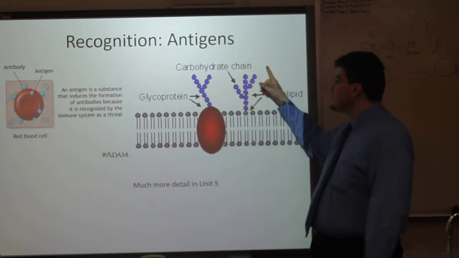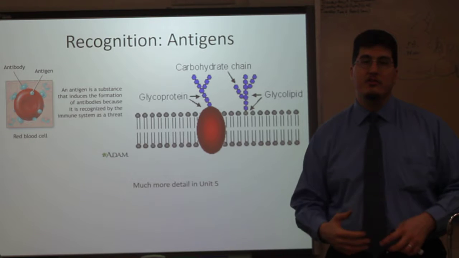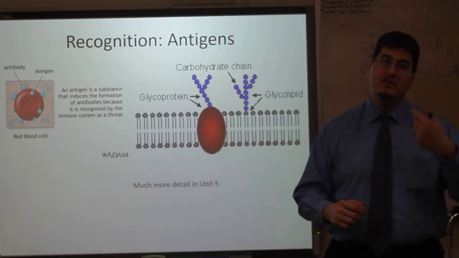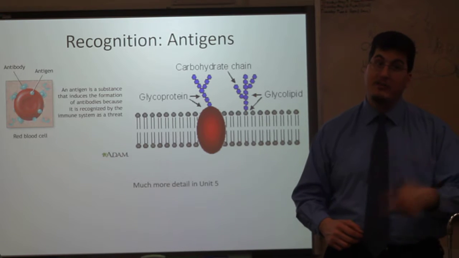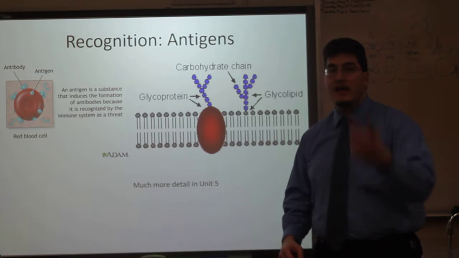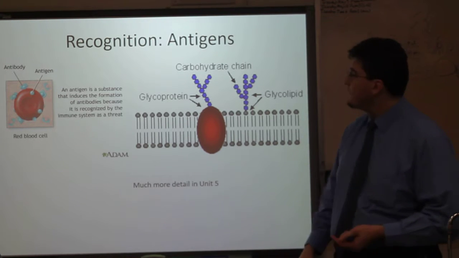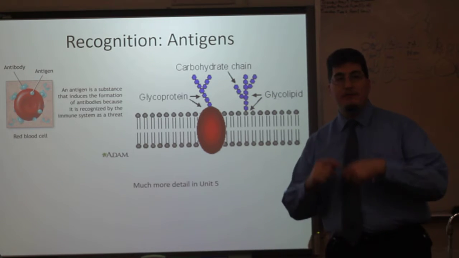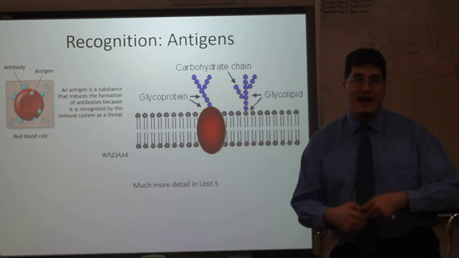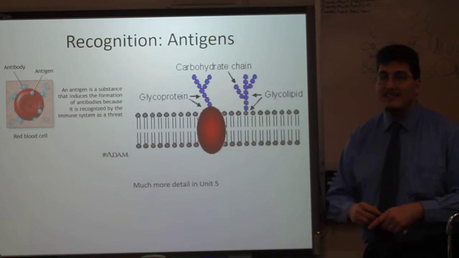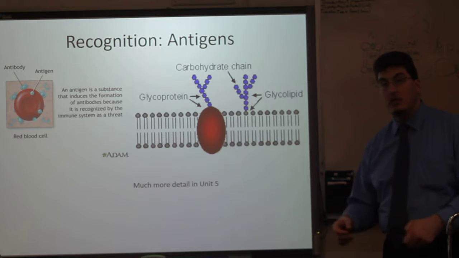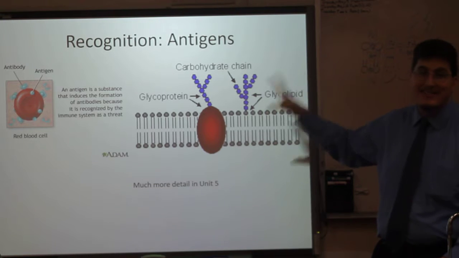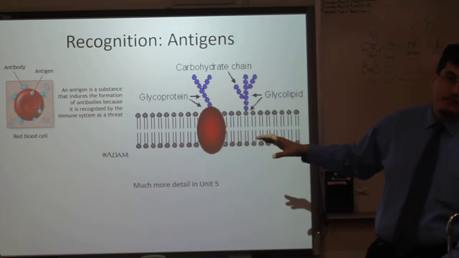You'll have your carbohydrate chains, which are glycogen chains, which are alpha-1,4 glycosidic bonded chains of carbohydrates, glucose, alpha glucose, with alpha-1,6 branches. These branches are in specific branching patterns of specific sizes and shapes. These specific sizes and shapes are going to be recognizable. They're going to be unique to that cell or to that organism, for example.